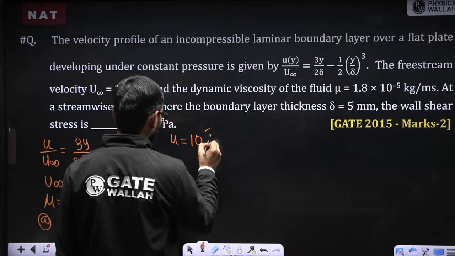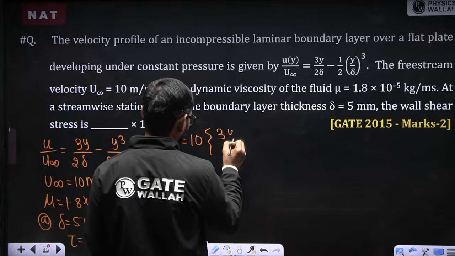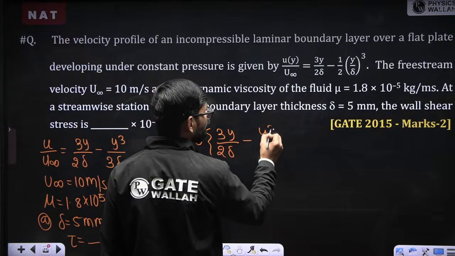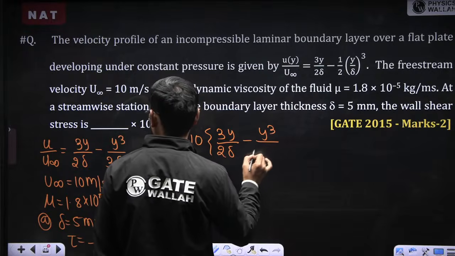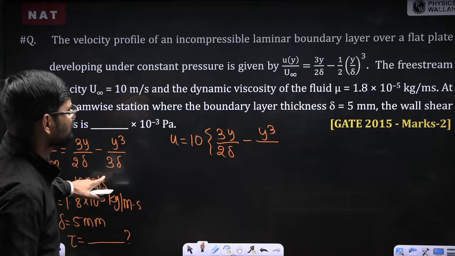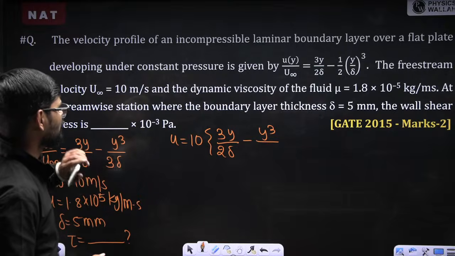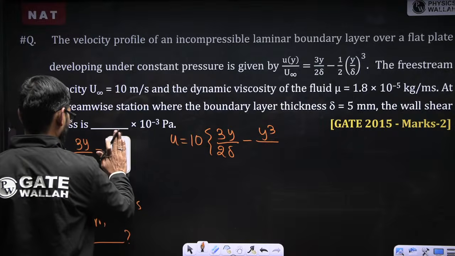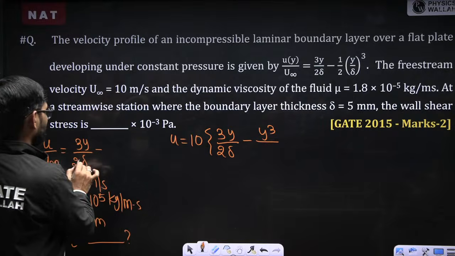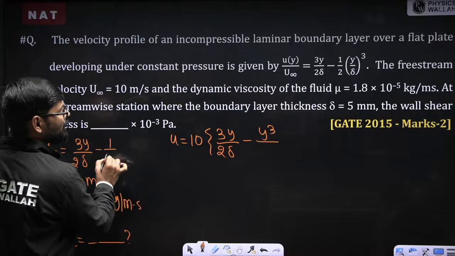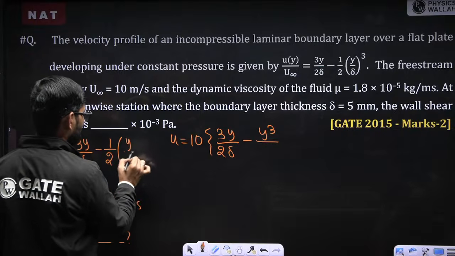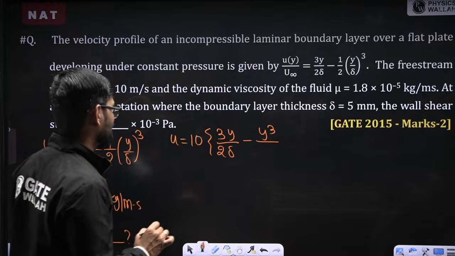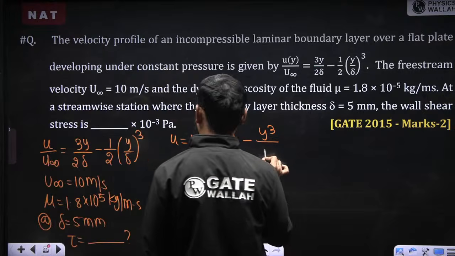So 10 into 3y by 2 delta minus y cube by... What is 3 delta here? No, I'm writing this wrong actually. Sorry. 3y by 2 delta, 1 by 2 y cube by delta cube. So y by delta.